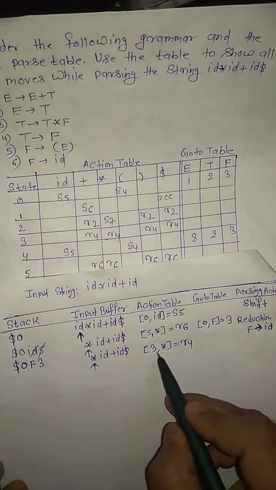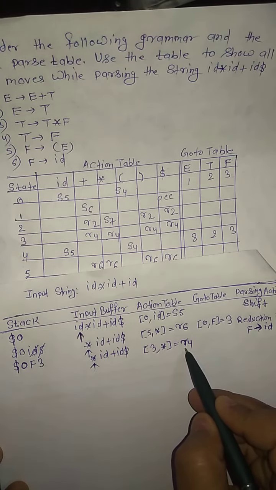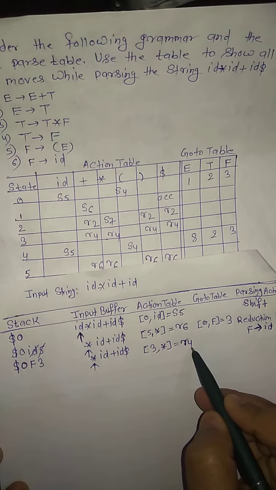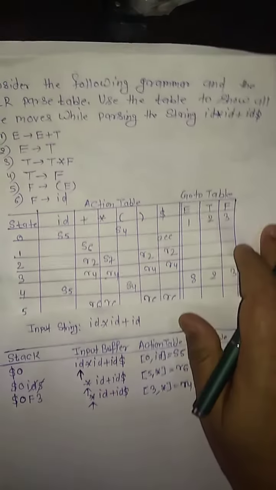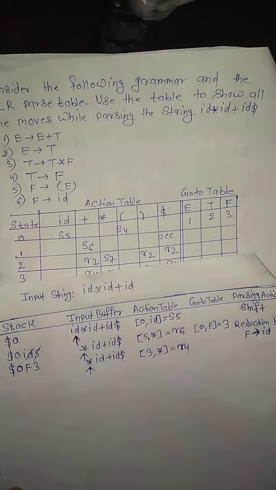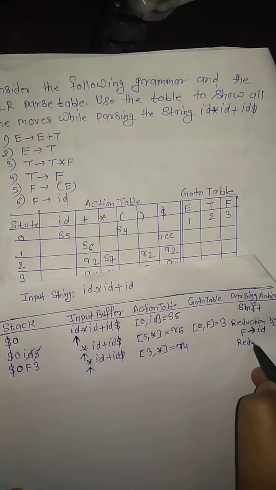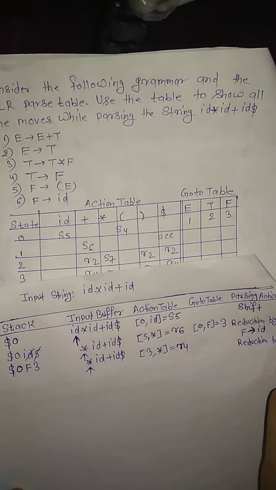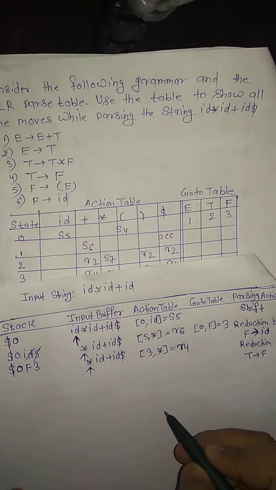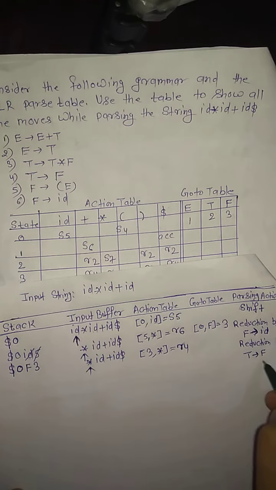When we find R4, what is the meaning of R4? R4 means reduction, and reduction with the fourth production. The fourth production is T derives capital F. So you write the reduction by T derives capital F in the parsing action, and again you check the length of the body of this production.